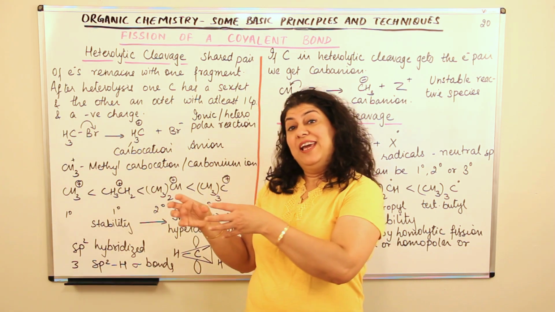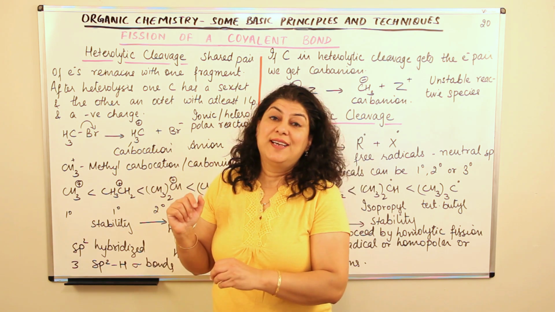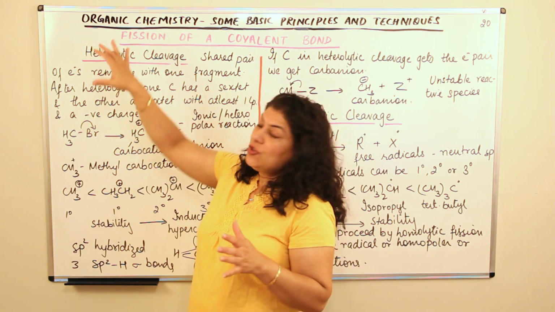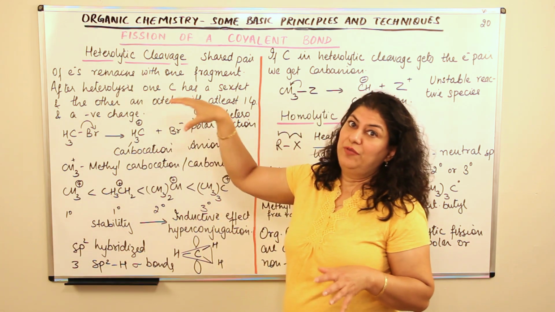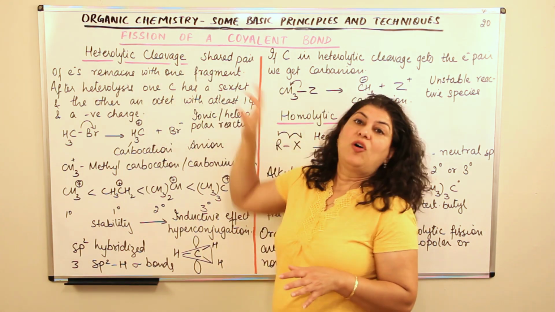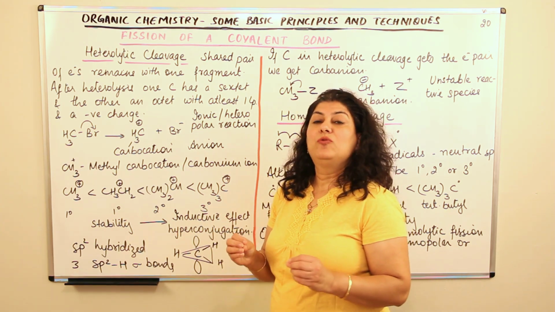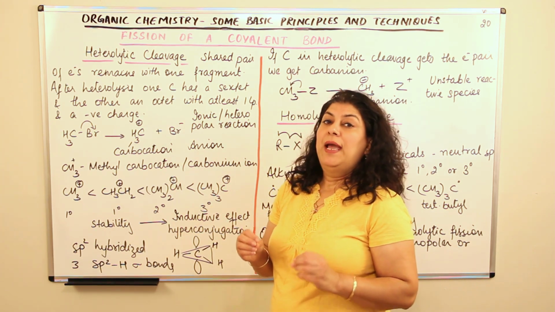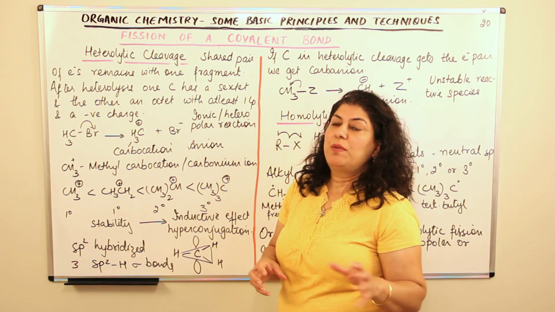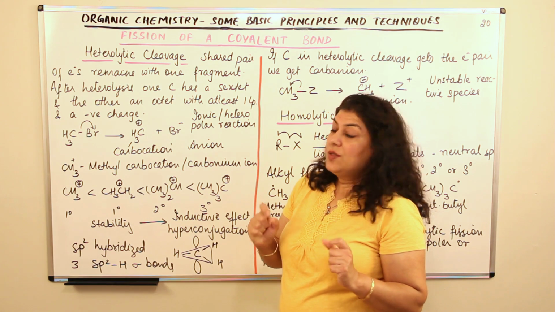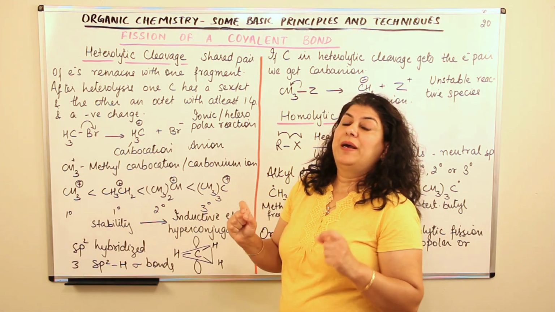Now this breaking of previous bonds is known as the fission of a bond. So the topic of this video is the fission of a covalent bond. In organic chemistry, we have compounds of carbon and hydrogen and other elements, basically carbon compounds, and they are all bound together by covalent bonds.